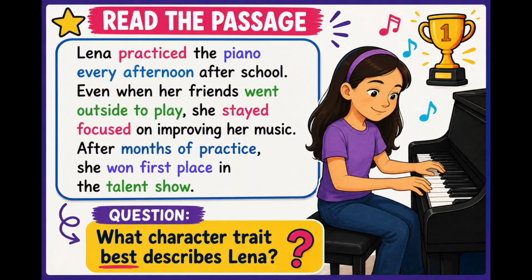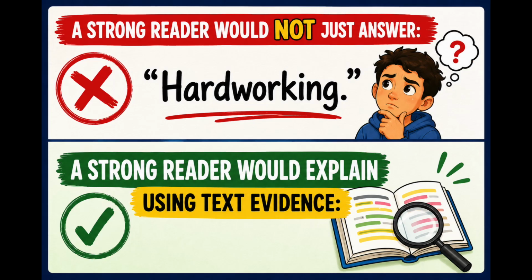Let's look at this short passage together. Lena practiced the piano every afternoon after school. Even when her friends went outside to play, she stayed focused on improving her music. After months of practice, she won first place in the talent show. What character trait best describes Lena? A strong reader would not just answer hardworking.